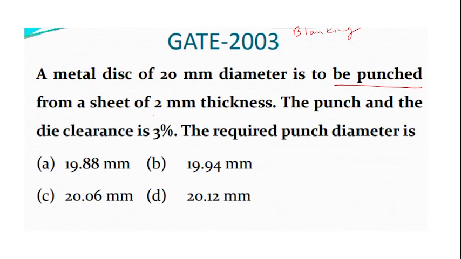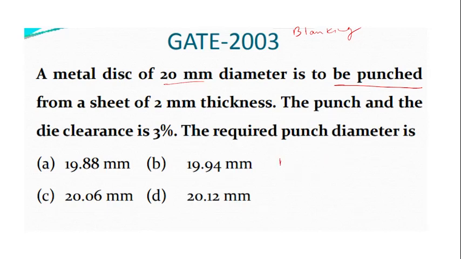And one more thing you can understand: if it was a punching operation, the punch would be of correct size. So your punch would be 20 mm only, right? Is there any option here in which punch is 20 mm? No, right? So this is clearly not punching. This is blanking. So now, if this is blanking, can you solve?